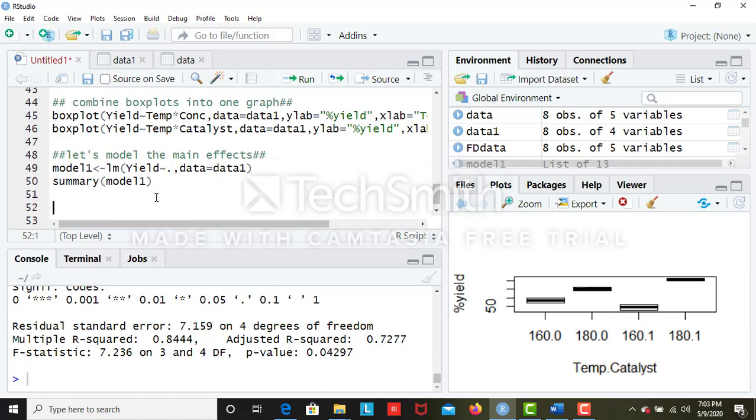So here we're going to consider the interaction, I'll say two-factor interaction effects in the model.